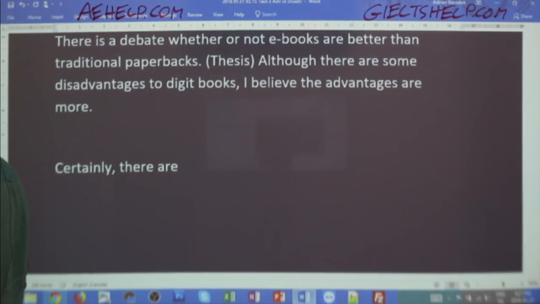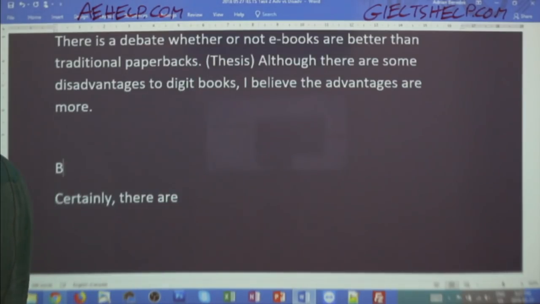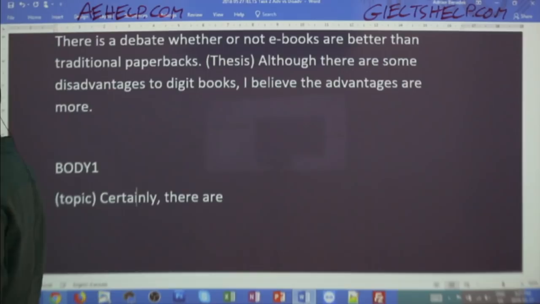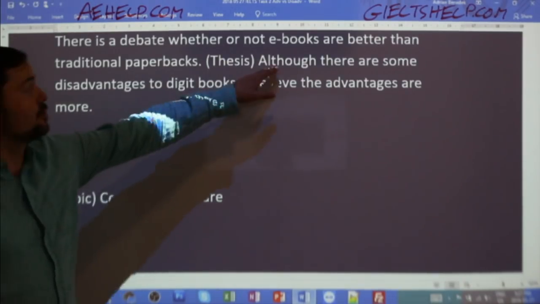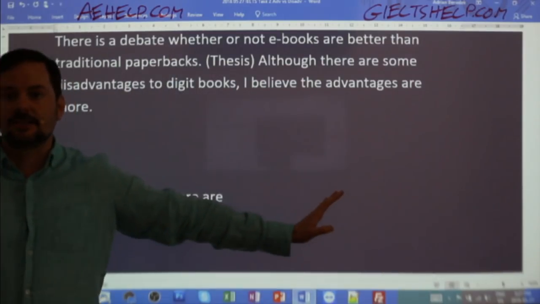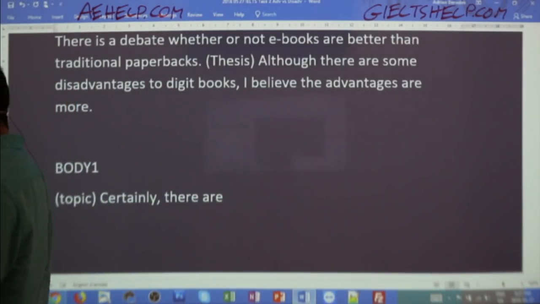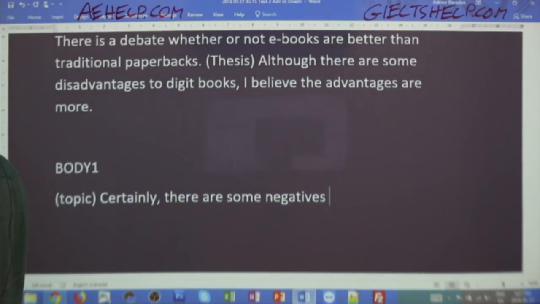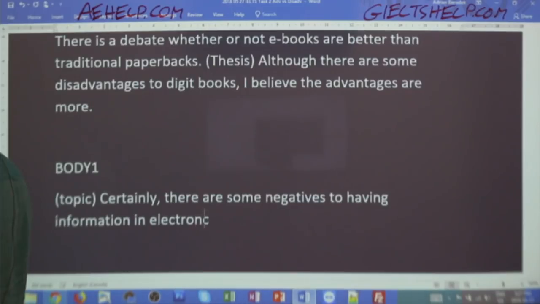Let's just make that clear here. So my topic sentence basically takes this first point, the disadvantages, and rephrases it in a more clear sentence. All right? So certainly there are some negatives to having information in electronic form.